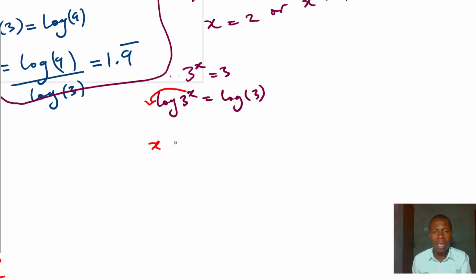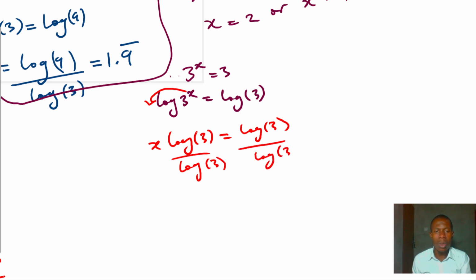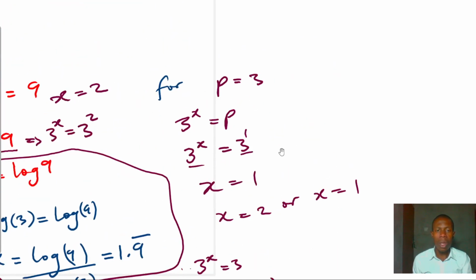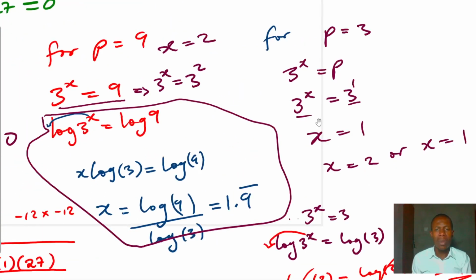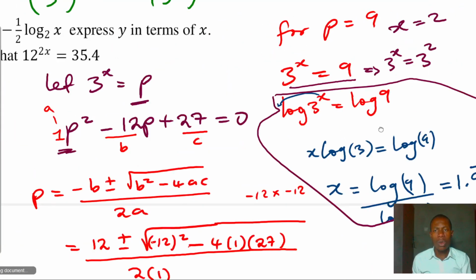It becomes x log 3 equal to log 3. We divide by log 3, and when you punch them, it will just give you 1, as solved right here. Now let me put up a few questions for you to work out.